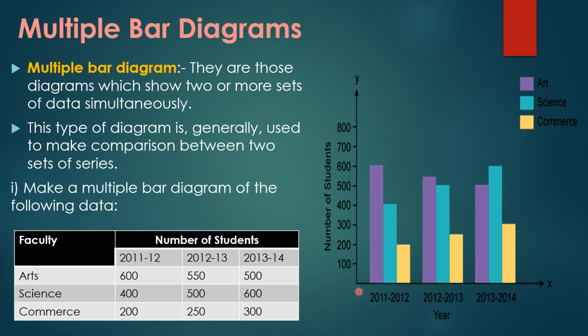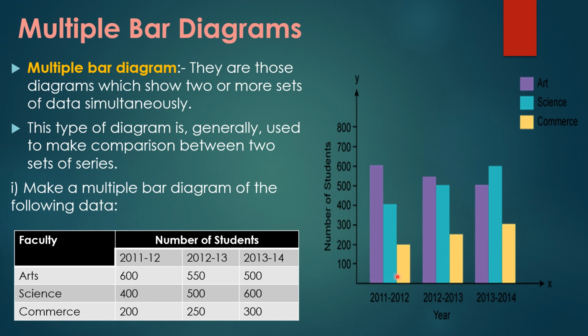Taking just one year as an example, 2011-12, 600 students have taken admission in arts. So we will draw one bar of 600. And attached to it, we will not leave any gap between these bars because they all will be together. Without leaving any gap, 400 we will take for science and definitely 200 for commerce.